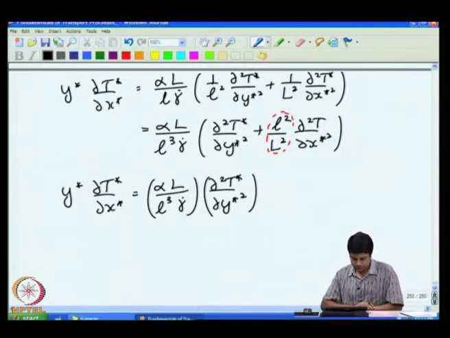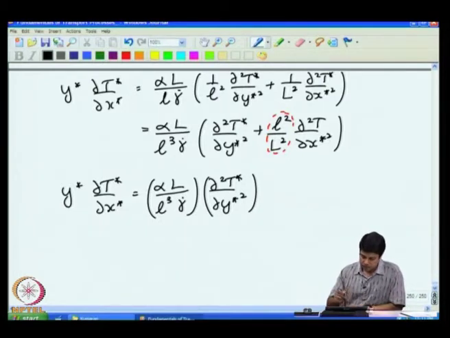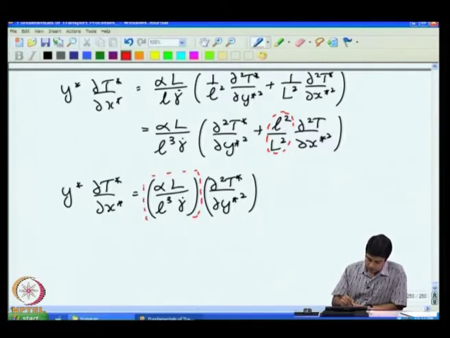Now, this is the convection diffusion equation, and if convection and diffusion have to be comparable in the high Peclet number limit, it means that this term here has to be of order 1.